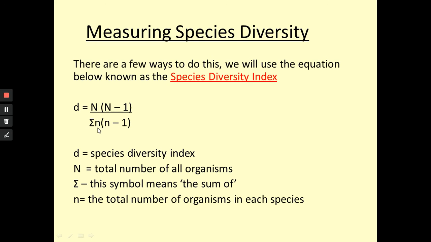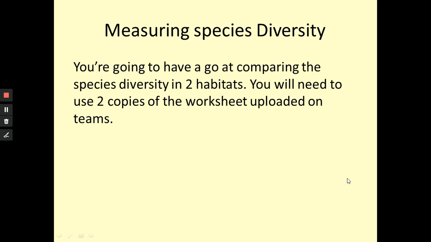But this is for each species. So this is for species A. And say in species A we have 10 again. So it'll be 10 times 9 there. But we're going to add that together to the information for species B, which might be, I don't know, 70. So it would be 70 times 69 and so on. So we're going to work with about 6 different species. So just remember that little n there is really important.